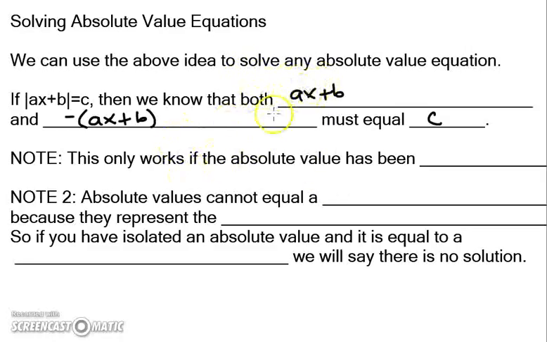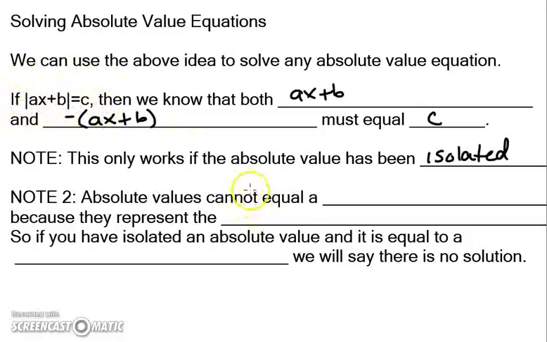Setting these things equal to c only works if the absolute value has been isolated. So if there's anything else with the absolute value on the left-hand side of the equation, we have to move it over to the right-hand side before we do anything. This only works if we have the absolute value of ax plus b equals c.